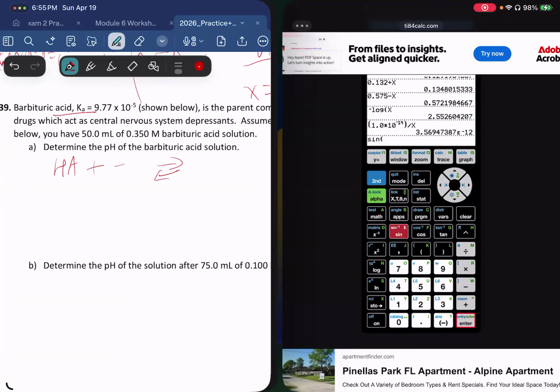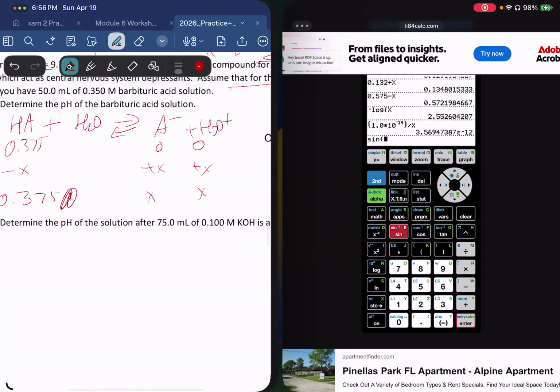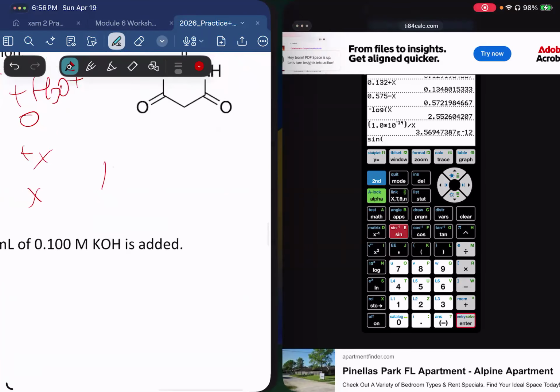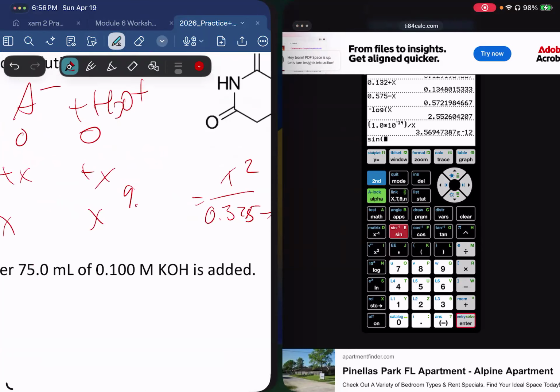HA plus H2O yields A minus plus H3O plus. So 0.375 minus X, 0, plus X, plus X. Then the Ka is equal to X squared over 0.375 minus X. Ka in this case is 9.77 times 10 to the negative 5. Then we can plug it into the calculator.